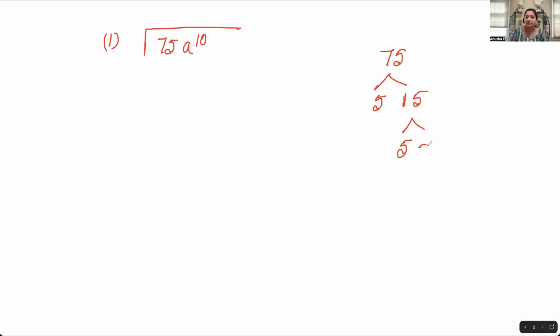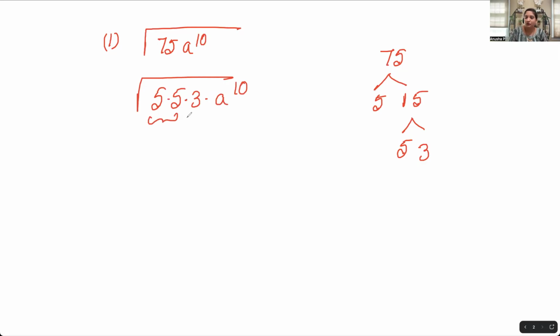Okay, now we can go to our examples. The first example, I'm including square roots with numbers as well as variables in this topic: 75 a to the power of 10. 75 is divisible by 5, 5 times 15, and 15 is 5 times 3. We can write it as 5 times 5 times 3 times a to the power of 10.